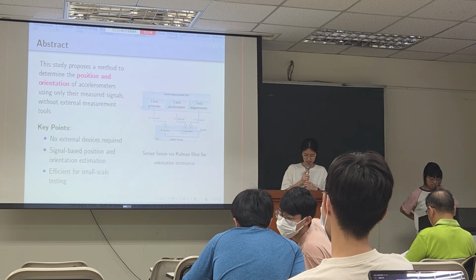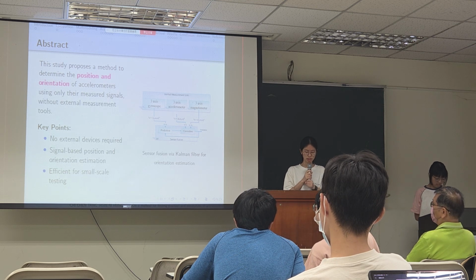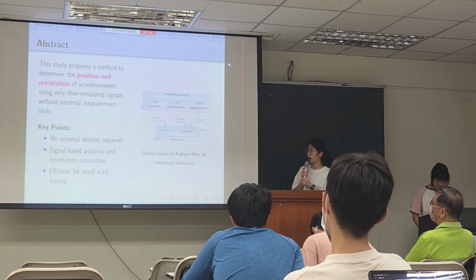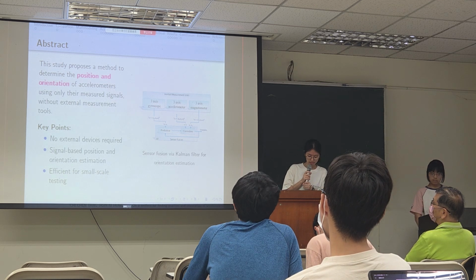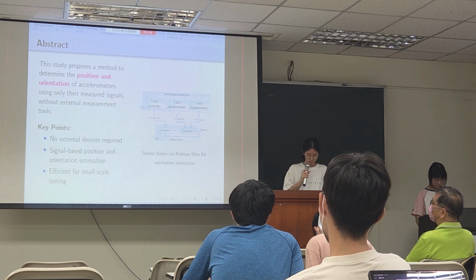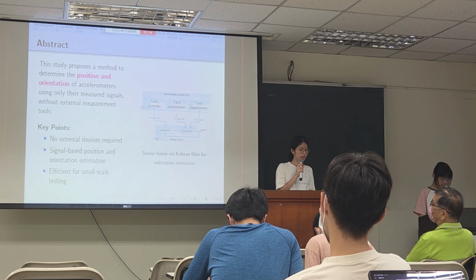This project proposes a self-contained method to identify the position and orientation of accelerometers using only their signal outputs, that is, no camera tracking and no external markers. The key ideas are: we don't rely on any external measurement systems.